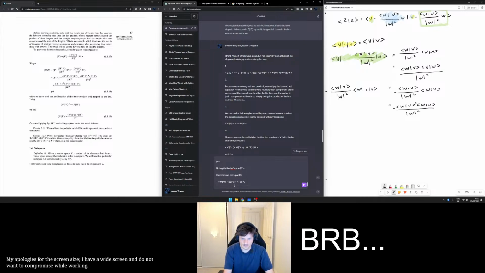WV, but it's worth noting that when you multiply two inner products that are the same together, are they the same? They're not the same because they're the bra and the Ket version.